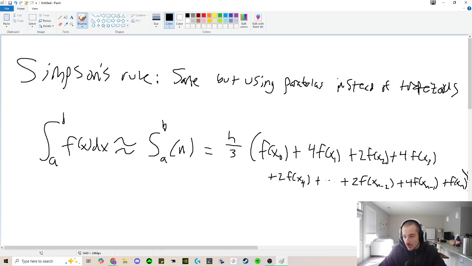And this is all multiplied by h over 3. H, once again, is going to be (b minus a) over n. This is your delta x.